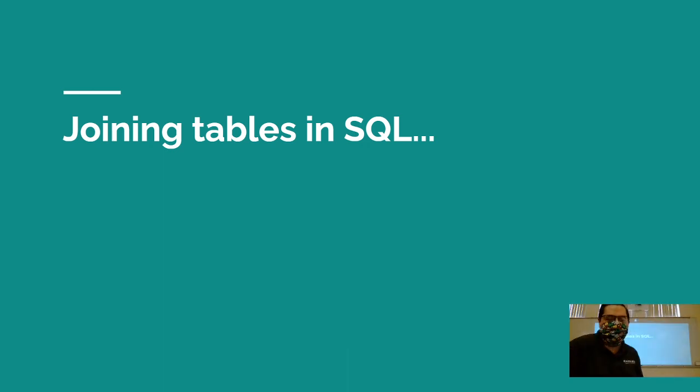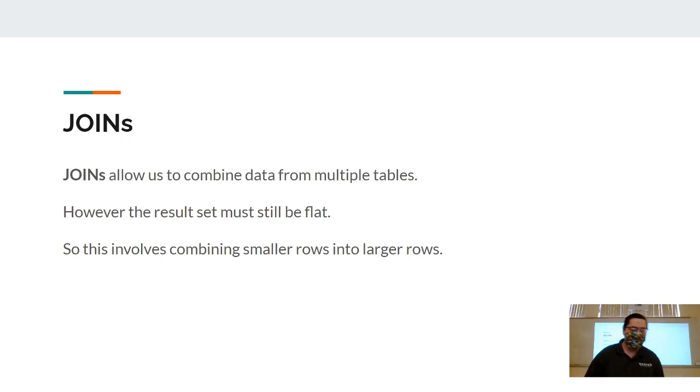up there. So let's talk about joining tables in SQL. Joins in general allow you to combine data from multiple tables. I've got data over here that I need, and data over there that I need, and I may have data from different places that I need to pull together.